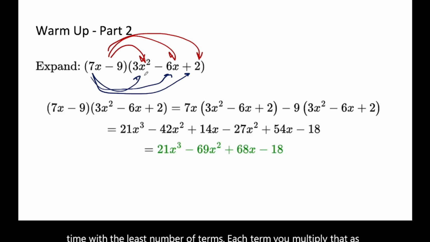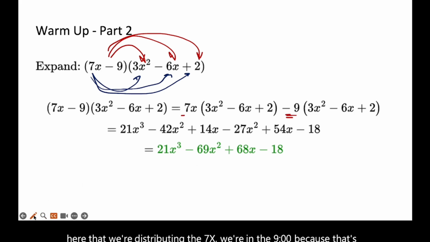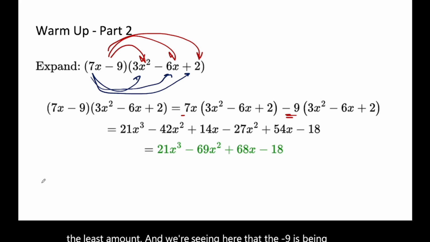So in this case, we're distributing the 7x over the 9 because that's the least amount. The negative 9 is being distributed, and the 7x is also being distributed as well.